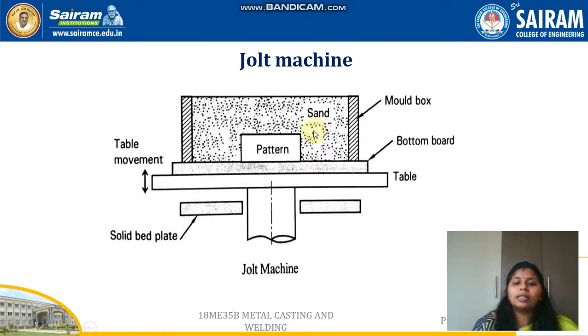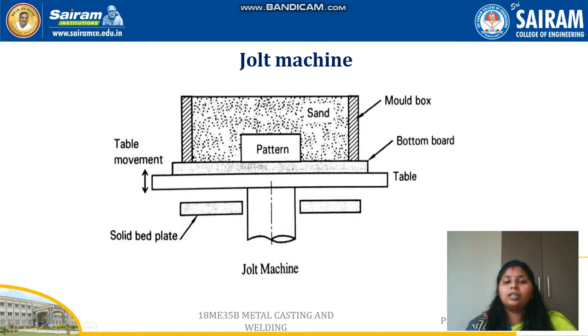How is the cavity produced here? You can see there is a table movement. When the table is moved upward and brought back with a vibration, that is a jolting action. When it hits down with a very high movement, the sand gets rammed up and the cavity is produced. So this is how the jolt machine works.